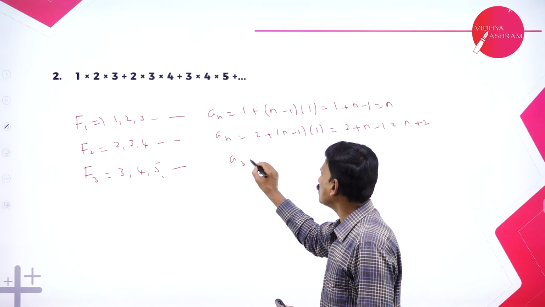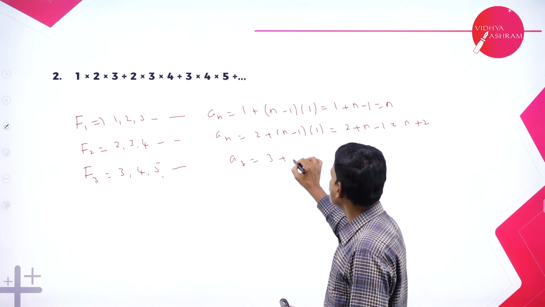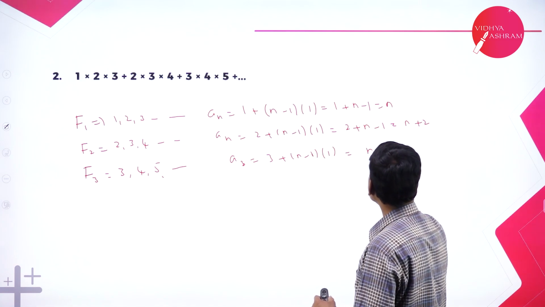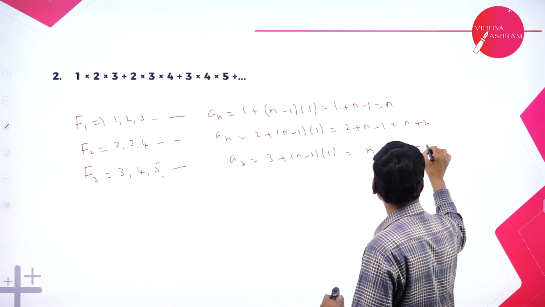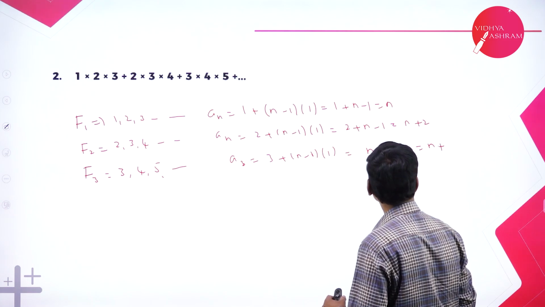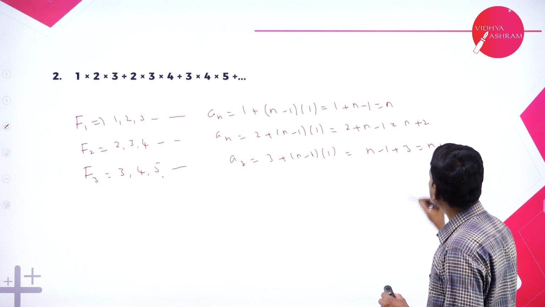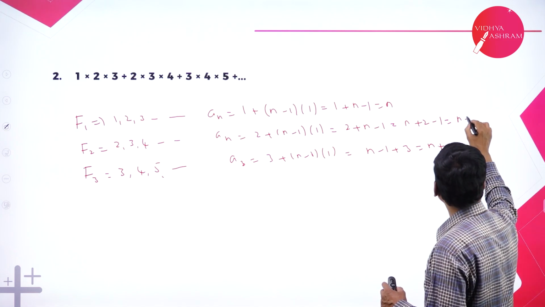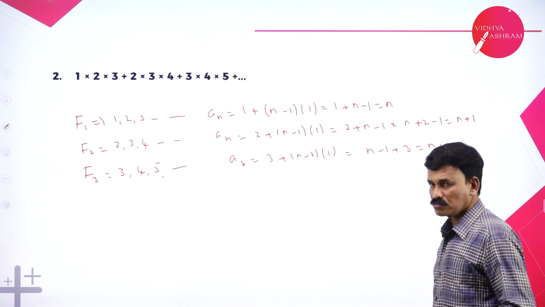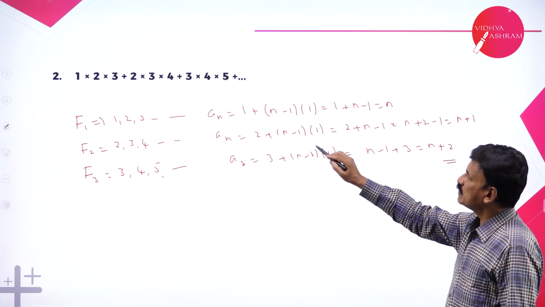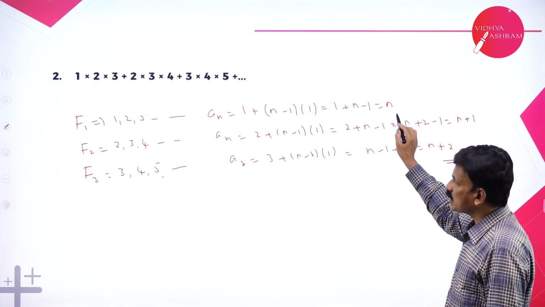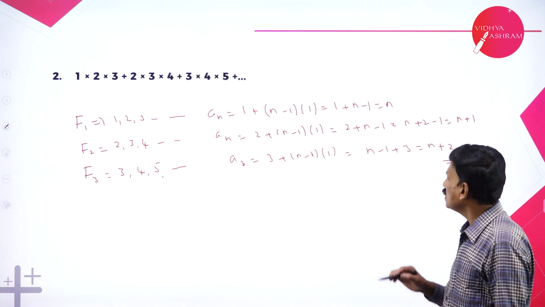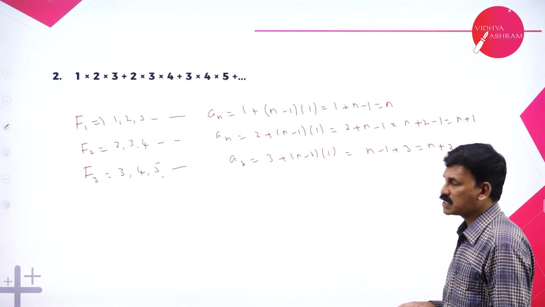Similarly, the third term, a is 3 plus n minus 1 into 1. So this is n minus 1 plus 3, that is n plus 2. So the nth term of the first series is n, the nth term of the second series is n plus 1 and the nth term of the third series is n plus 2.